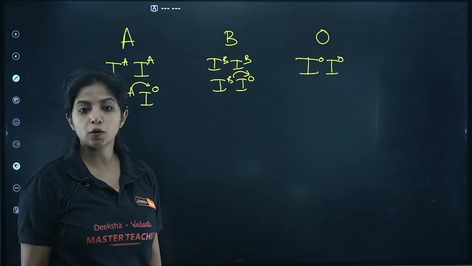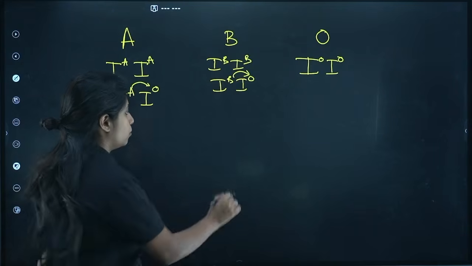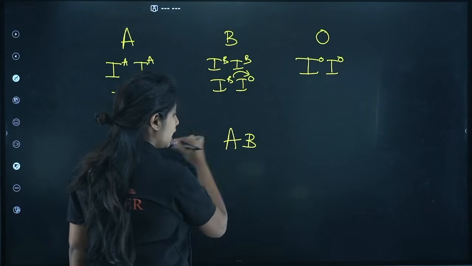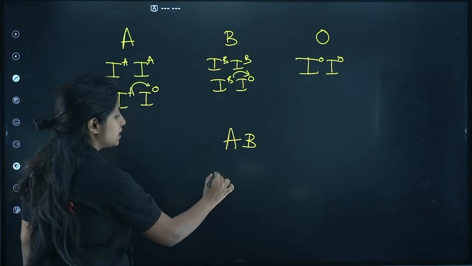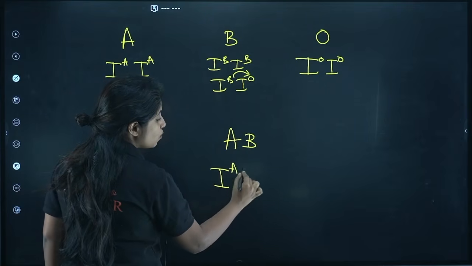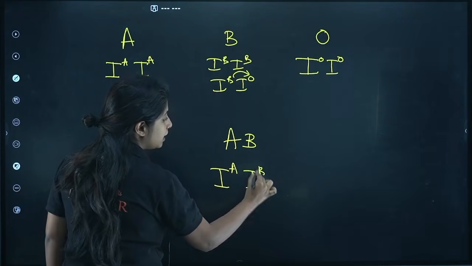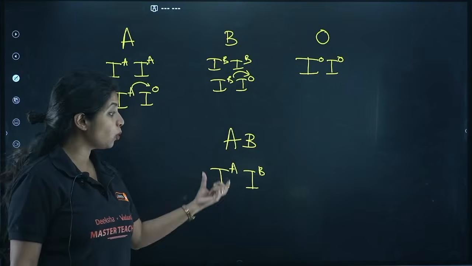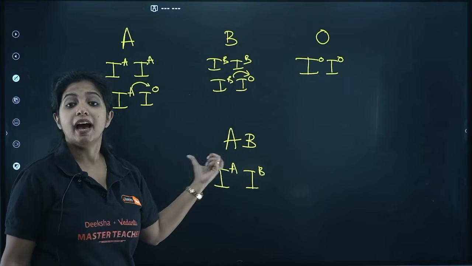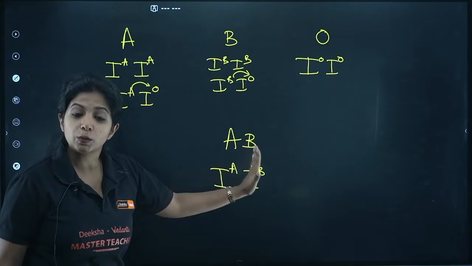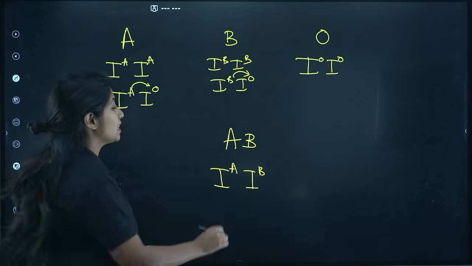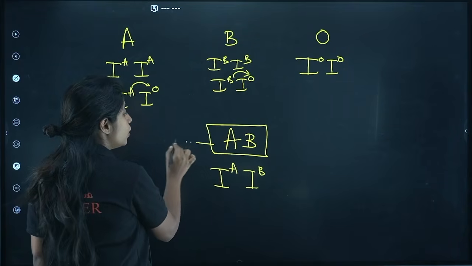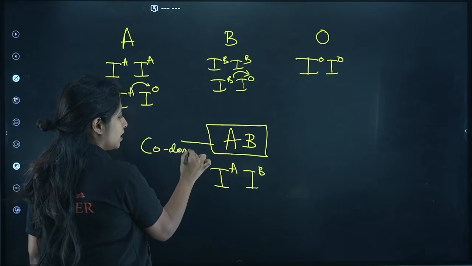Ma'am, there is one more blood group you are missing, and that is AB blood group. In AB blood group, there is one allele for IA and another allele for IB. Both alleles are there, and both of them express equally, which is why I say it is an example of codominance.